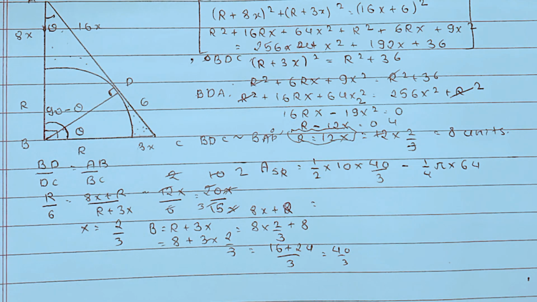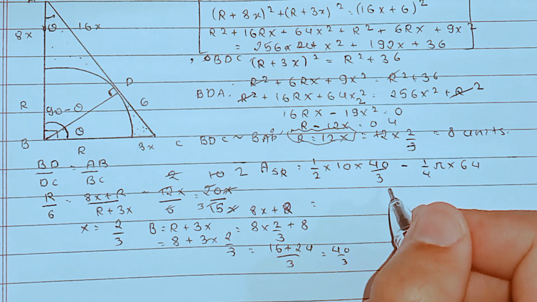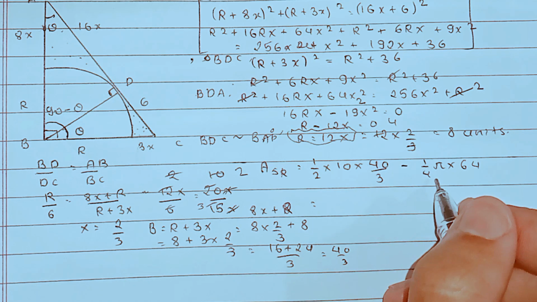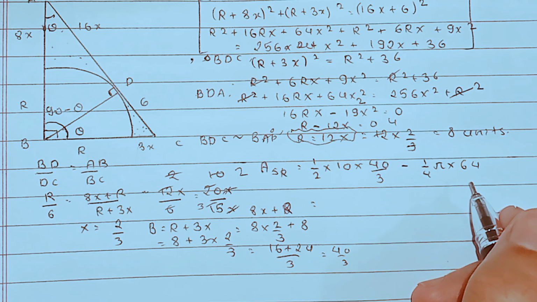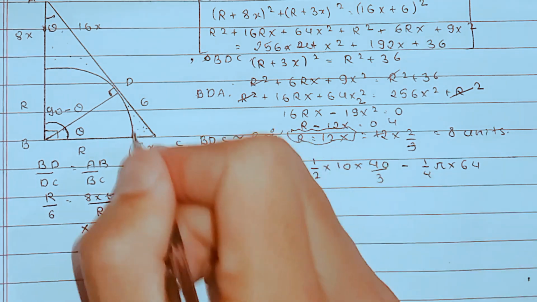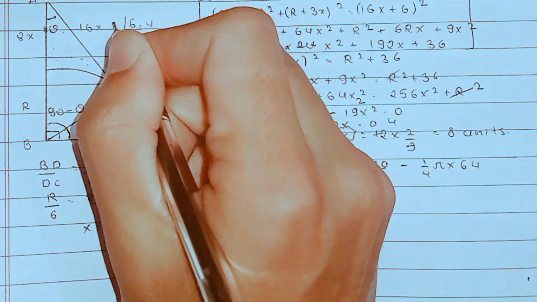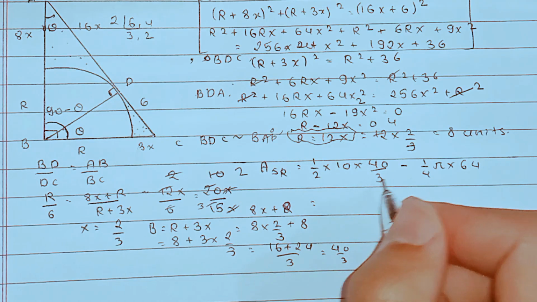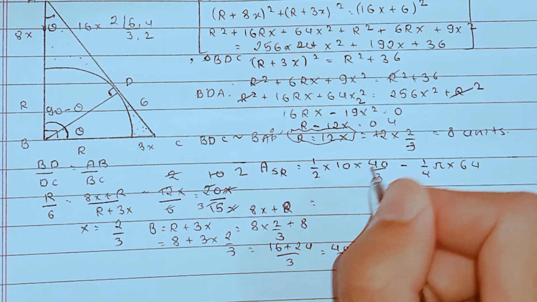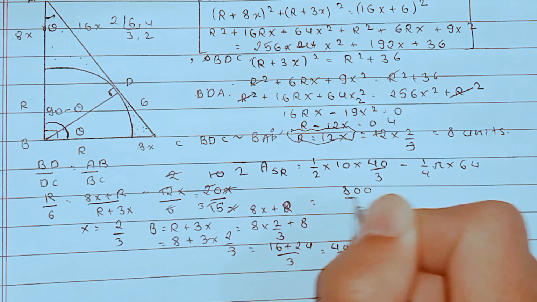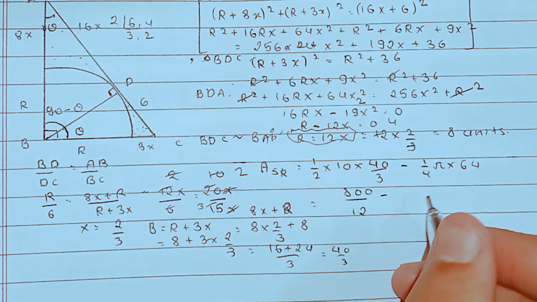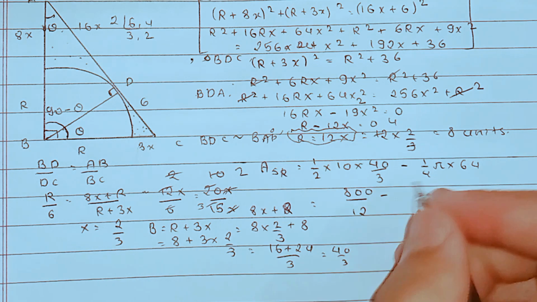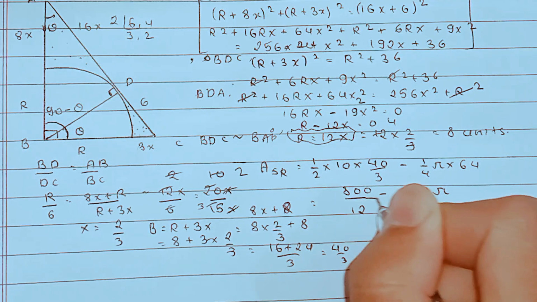Now we need the LCM of 3 and 4, which is 12, so the triangle area is 800 by 12, and the quarter circle is 64 pi by 4, which is 192 pi by 12.